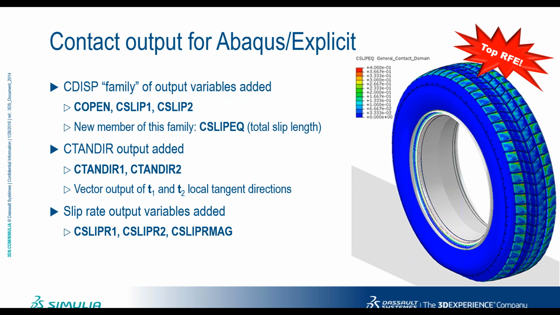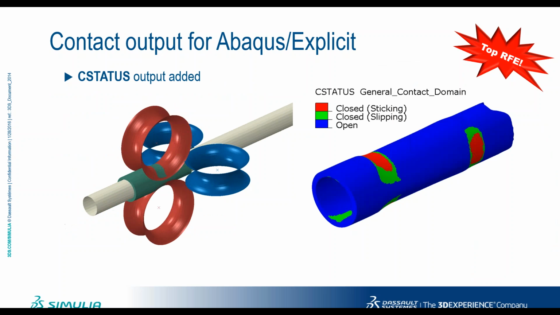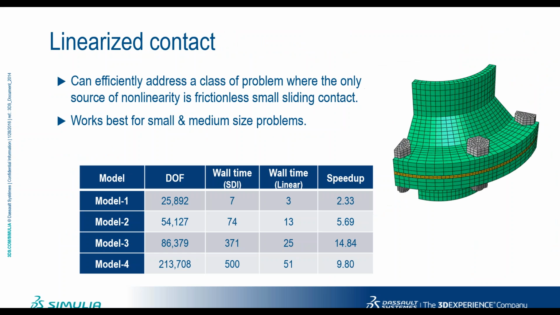This is very useful if you are running tire contact type simulations, and now as in Abaqus standard you can get the outputs in explicit. Also contact status, similar to the actual contact pressures and slips, you can get in explicit.